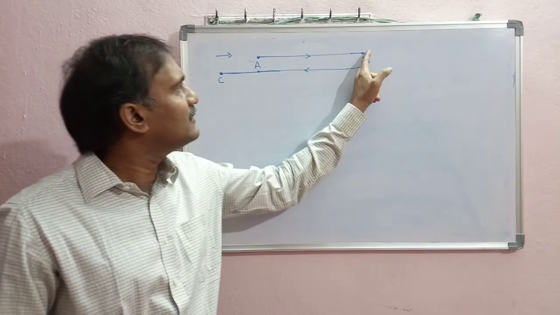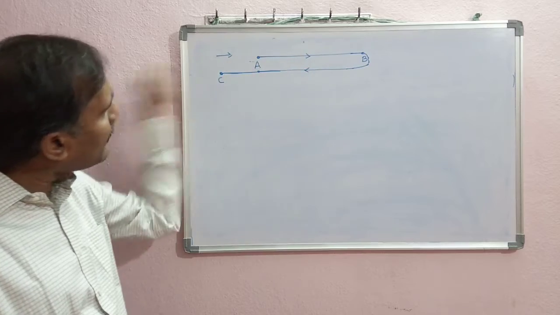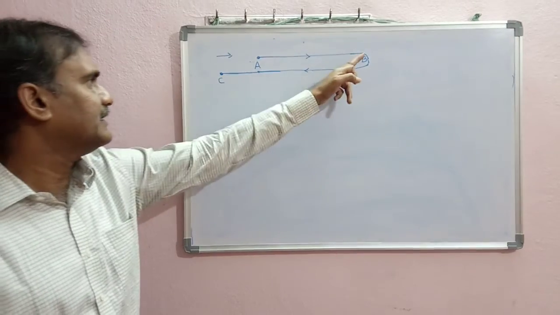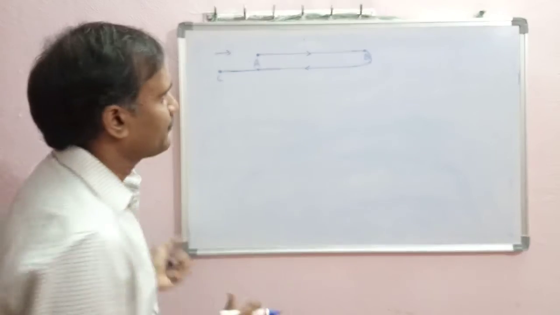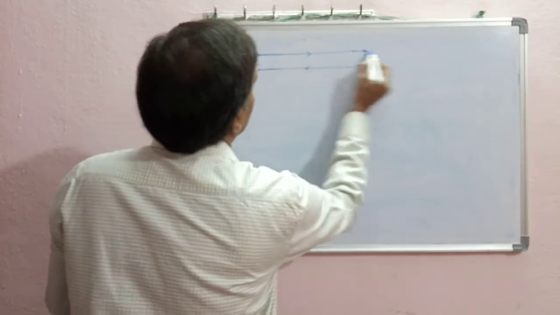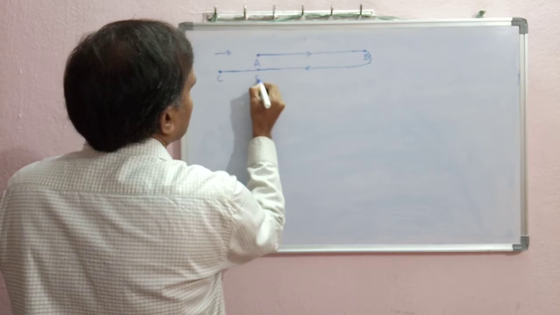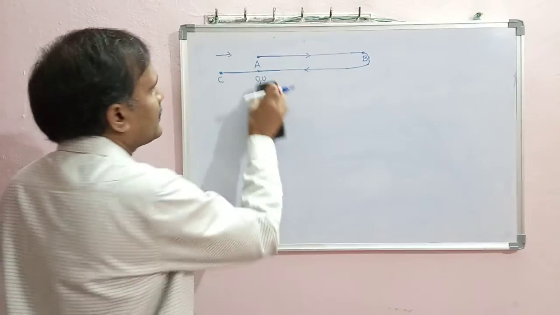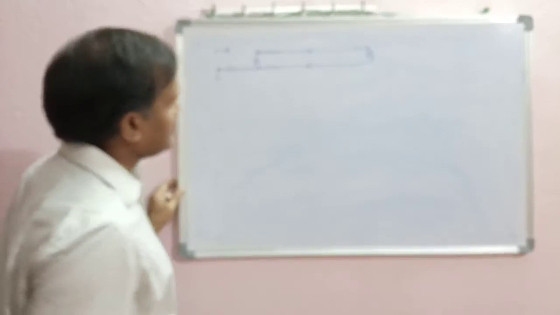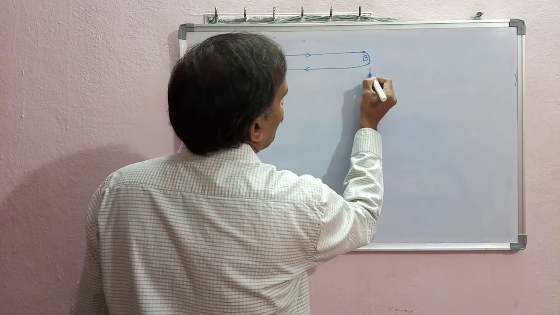Actually, it is moving along this direction and in the return journey, it travels along the same path. Okay. Its position A is 0, or you can take it as 0. Position B is 1 kilometer.